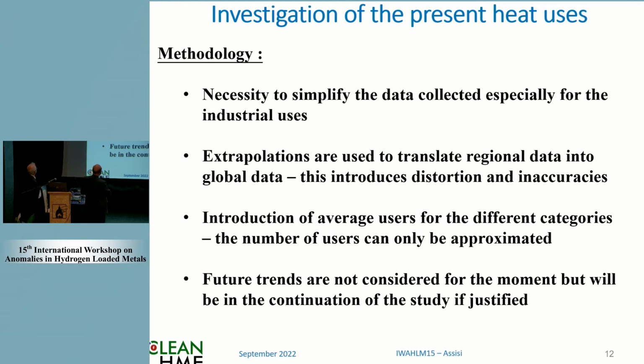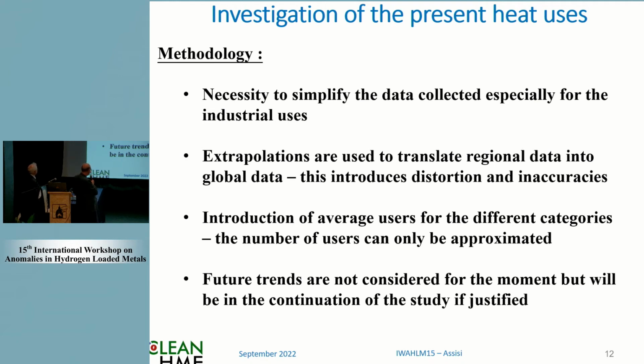So it was necessary to simplify the data and to make extrapolations to translate regional data, for example, from Europe or USA into world data. And it was necessary to introduce average users for the different segments of this economy. And of course, it makes approximation.